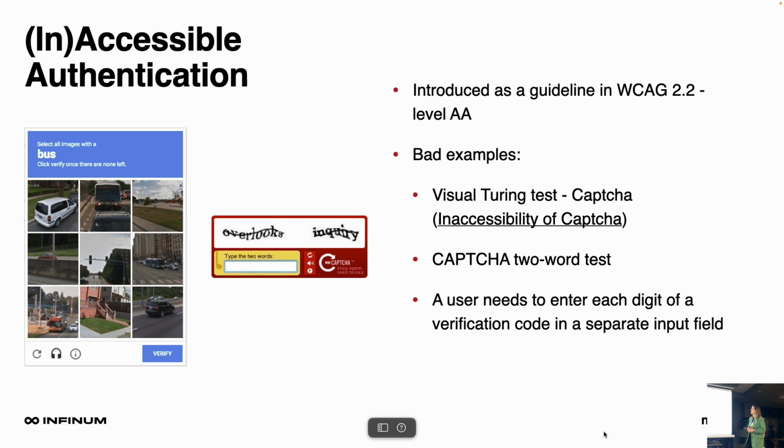Another example, I don't have a picture for that, but I believe you are familiar with it. The user needs to enter each digit of a verification code in a separate input field, and it doesn't lead them to the second one. He needs to go to the second element to enter the second digit. So that's also an issue.